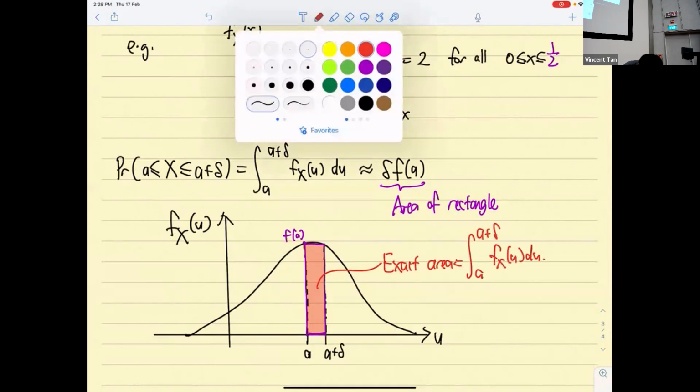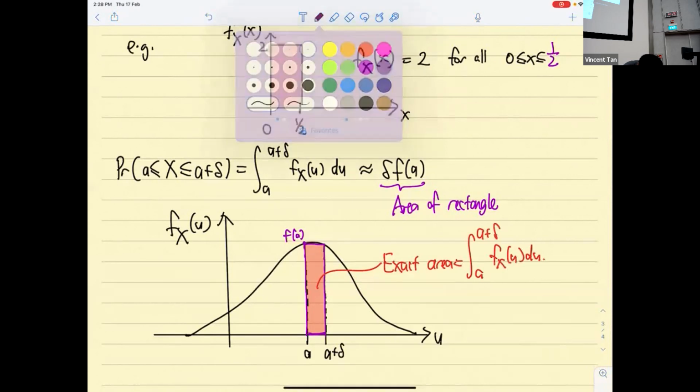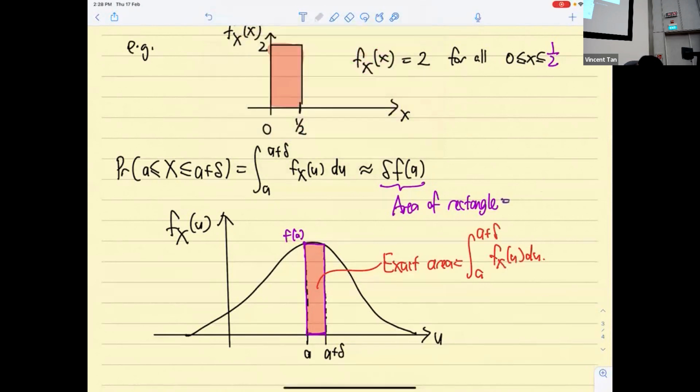However, the approximate area, which is the area of the rectangle, has this base and this height. So area of rectangle is base times height. Exactly. Alvin G said exactly what I said. So do you agree?